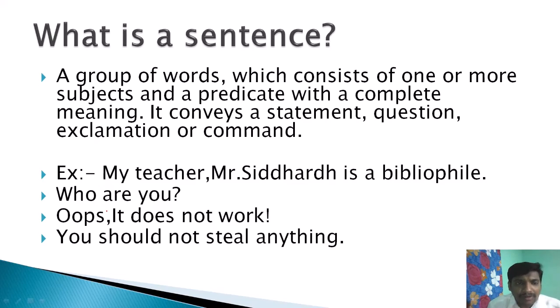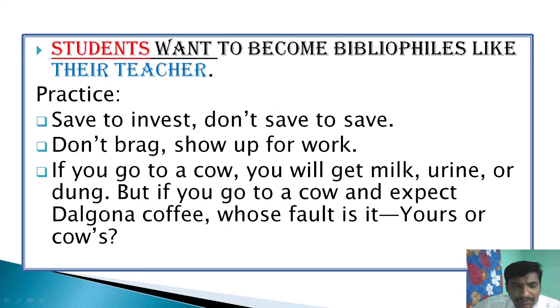Okay, this is all about the basic units of English language. I hope you have enjoyed this video and I'm giving you a task. Please do it at your home. Here, students want to become bibliophiles like their teacher.